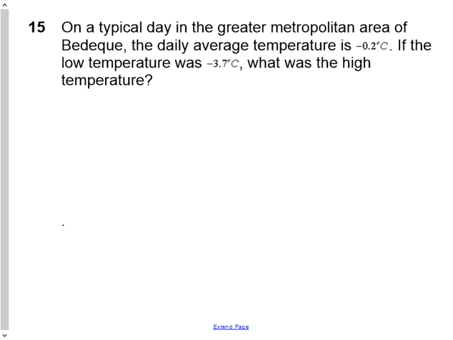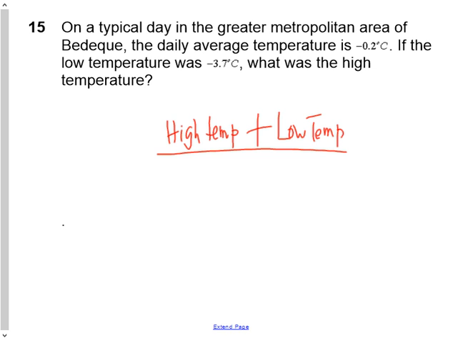Question number 15 says, on a typical day in the greater metropolitan area of Badek, the daily average temperature is negative 0.2 degrees. If the low temperature was negative 3.7, what was the high temperature? So this is exactly the same question as the one we had before. So the high temperature plus the low temperature divided by 2 will equal the average temperature.